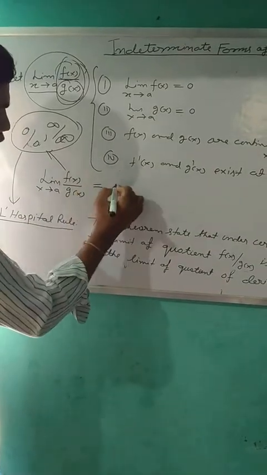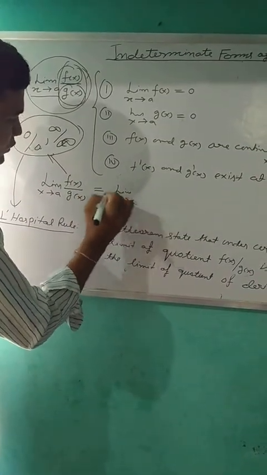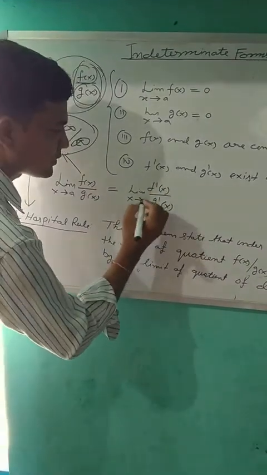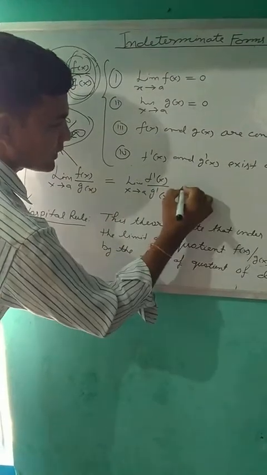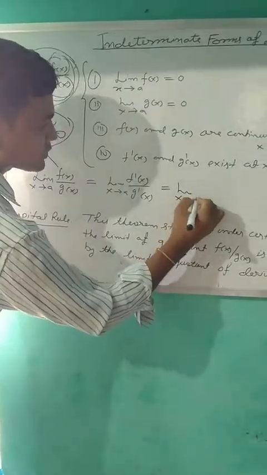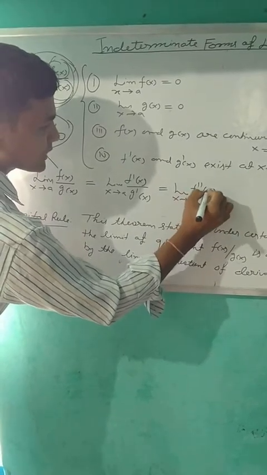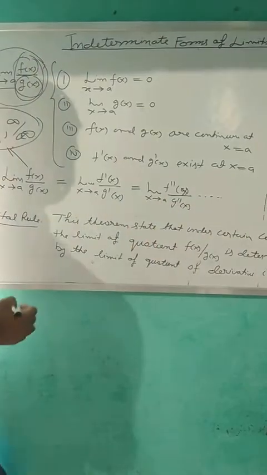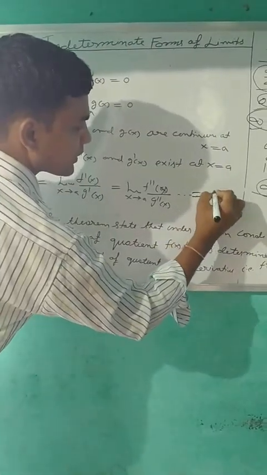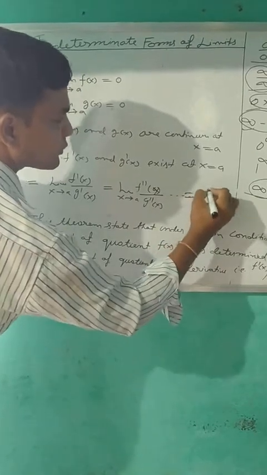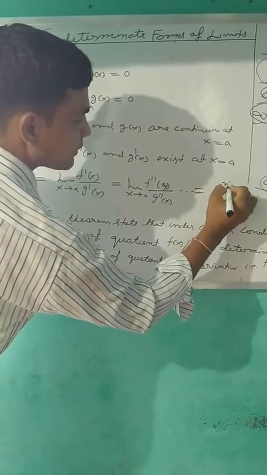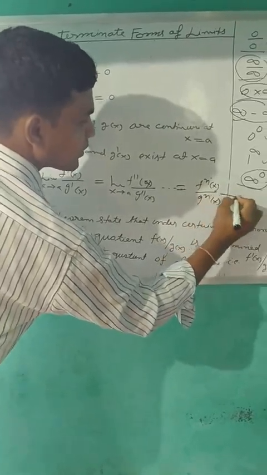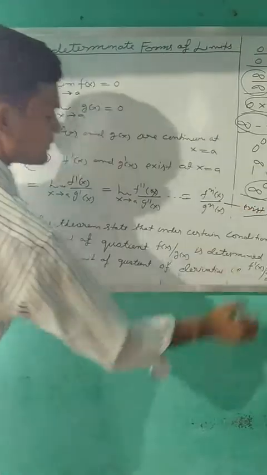Then it is equal to the limit as x tends to a of f'(x) upon g'(x), and also equal to the limit of f''(x) upon g''(x), and so on, as long as the nth derivatives of f(x) and g(x) both exist.